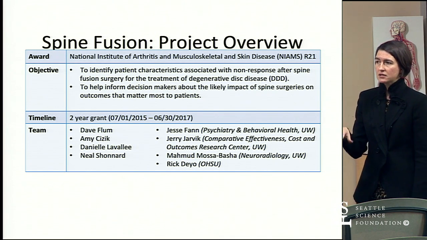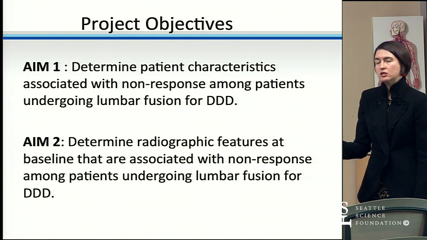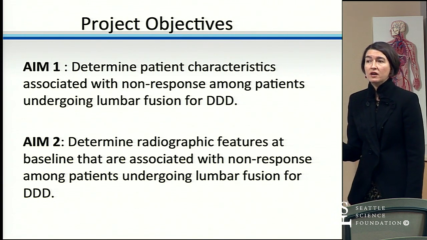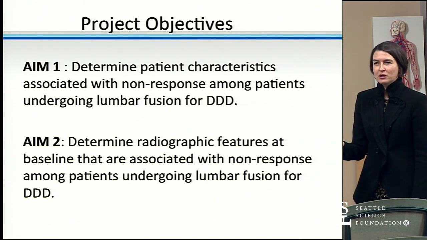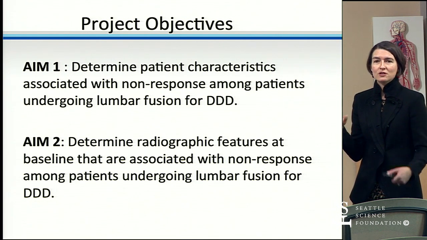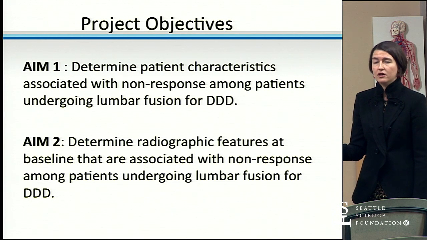And we're going to be doing this not only at Swedish, but at ProLiance as well, and at UW and Harborview. So we want to look at non-response, and then Aim 2 is an exploratory aim, but we're going to look at some radiographs, and we're going to do MRI, and we're going to try and figure out, are there some predictions early on that nobody really knows, are there good radiographic predictions that may predict somebody's success or failure following fusion.